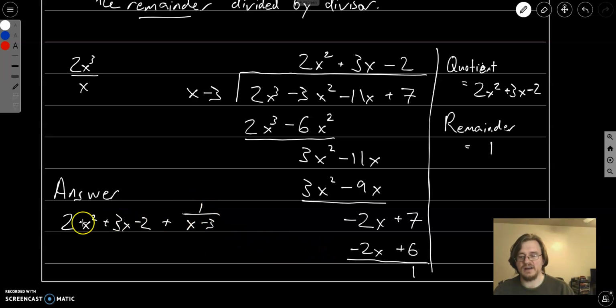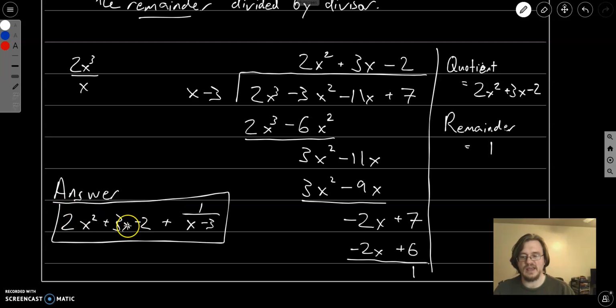So my answer is going to be 2x squared plus 3x minus 2 plus our remainder that we couldn't divide, so 1 over x minus 3. We can't divide 1 by this, so the best we can do is just to leave it as this fraction.